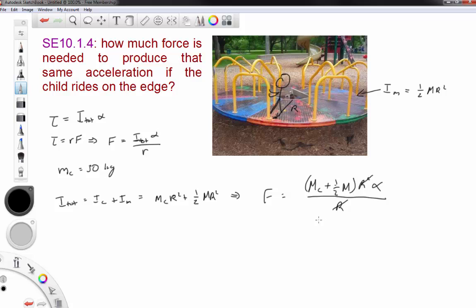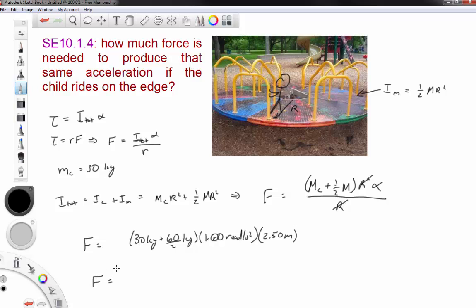So again, we can cancel out one radius, and what we're left with is that the force should be 30 kilograms plus 60 kilograms times a half, times 1.00 radian per second squared, and then times another radius, which is 2.50 meters.